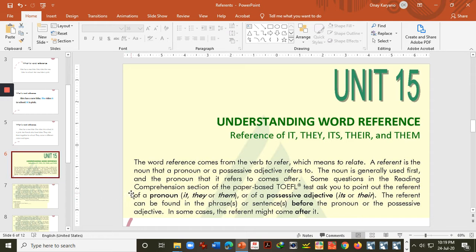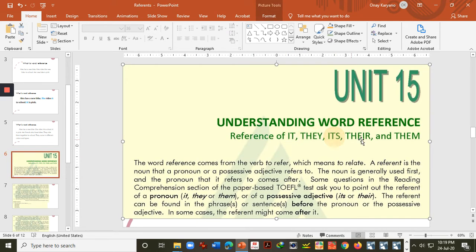In the TOEFL test, you will find this kind of problem in which you have to identify whether the words it, they, its, their, or them refer to which words in the sentence. So what words are actually replaced by it, they, its, their, and them?